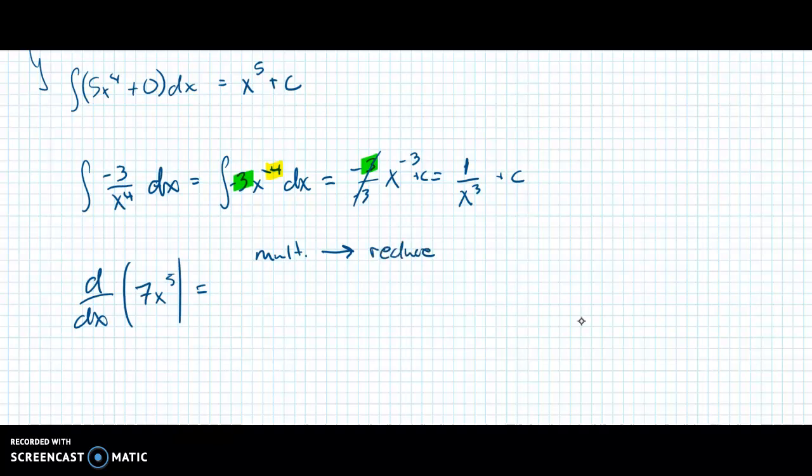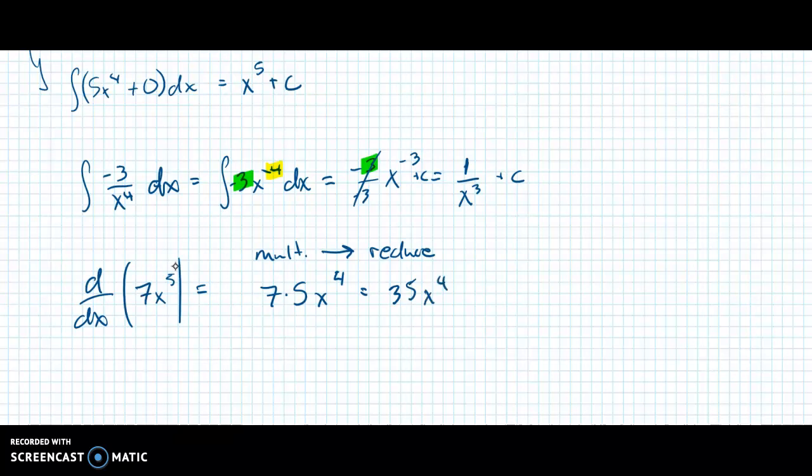What I mean by that is I take the 7 and I multiply that by this power, 5, and then I write my x, and then I reduce the 5 by 1 power and get 4. So when I simplify that, I get 35 times x to the fourth.